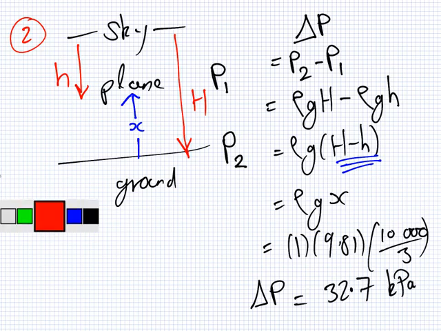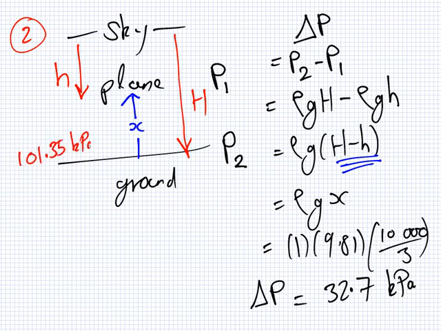So what's the pressure on the ground? 101.35. But this is the difference. So up here it should be 101.35 minus the answer. So this will be 68.65.